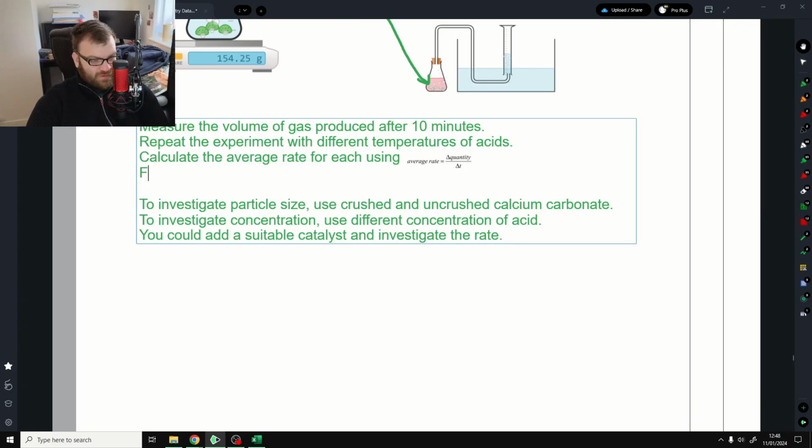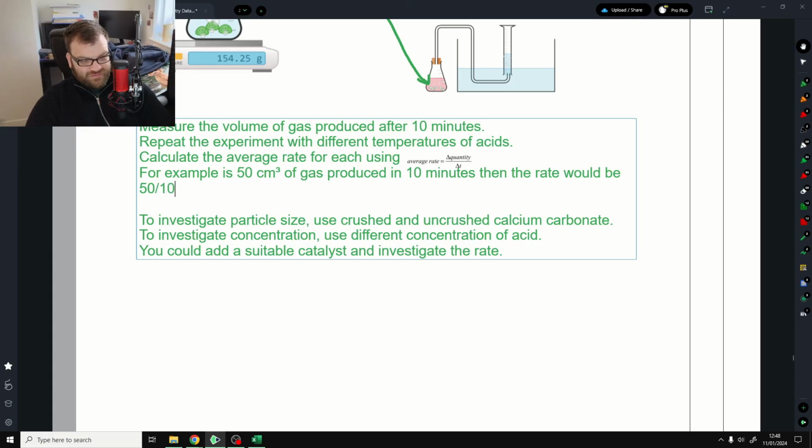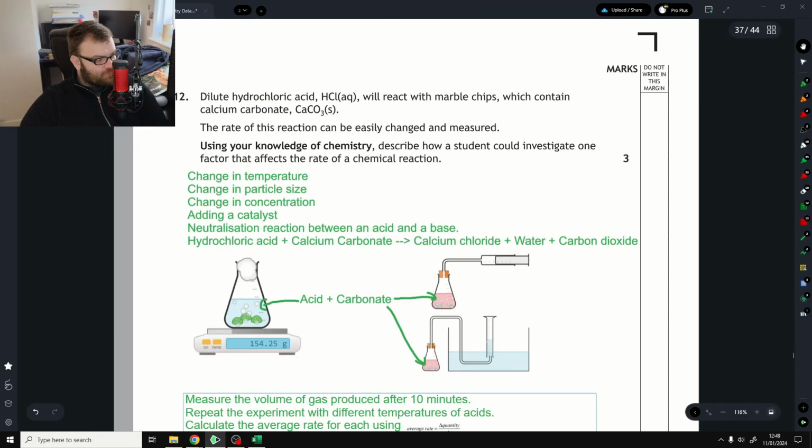Could give an example calculation of gas produced in 10 minutes, then the rate would be 50 over 10, which would give you 5 centimeters cubed per minute, or something like that. That's everything I can think of currently.